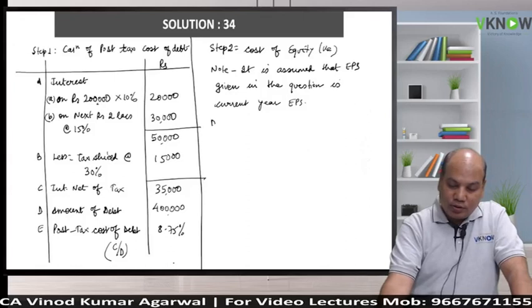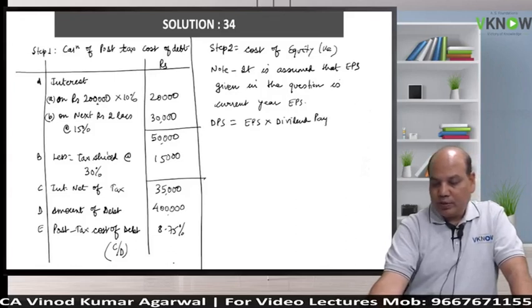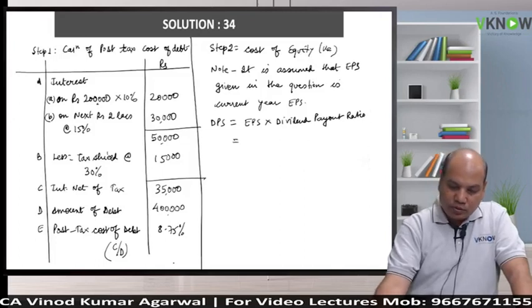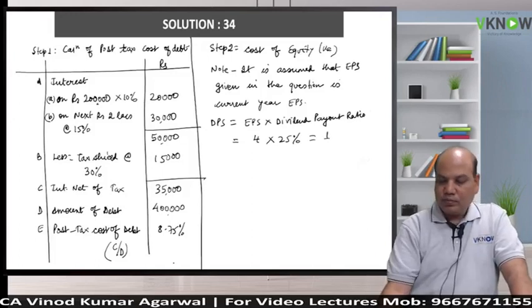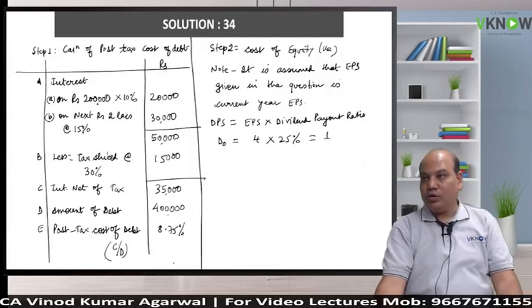So, now write down DPS is equal to EPS into dividend payout ratio. EPS is 4, DP ratio 25%. So, that is D0, you can say D0 equal to 1.